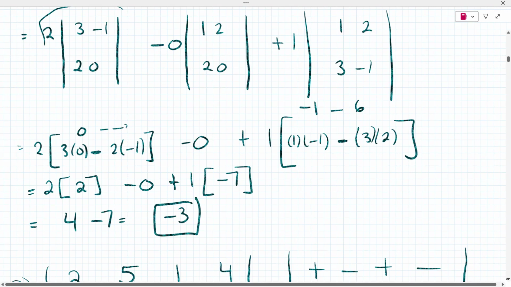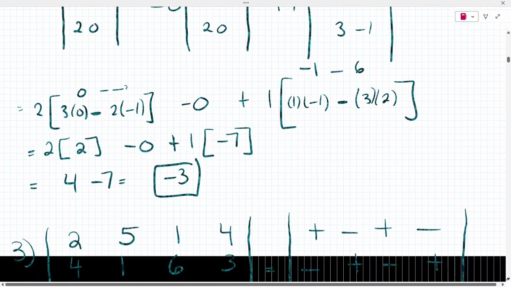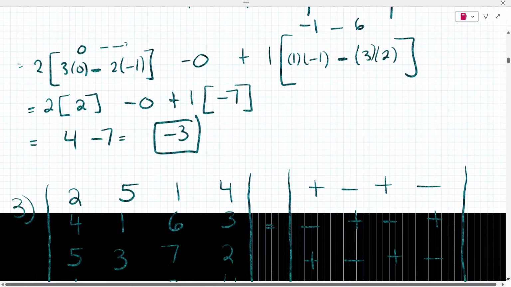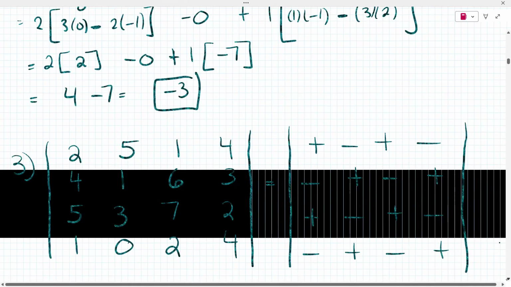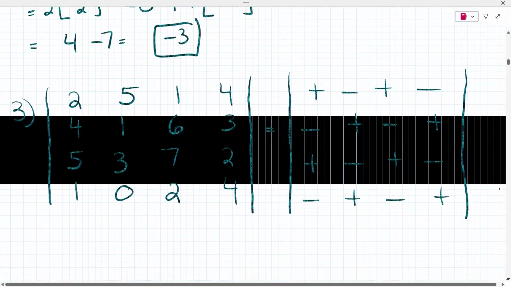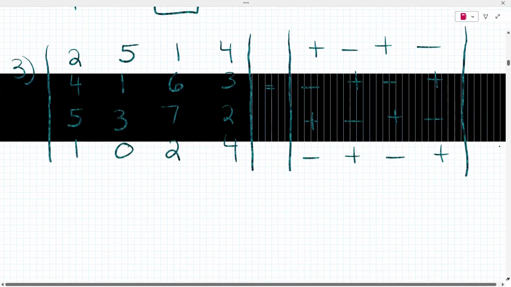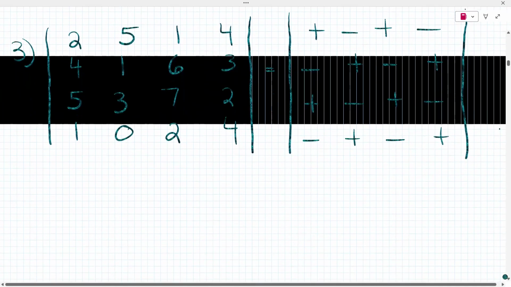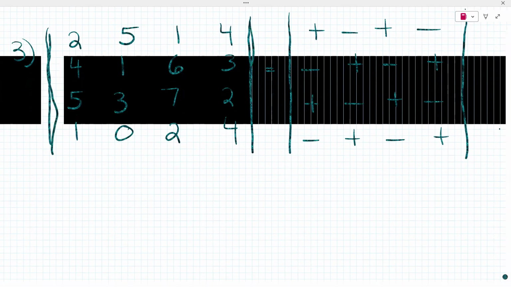So yeah, the next example is also a 4 by 4 matrix. So we could expand using minors, expand by cofactors, right? So you have, this is a 4 by 4.